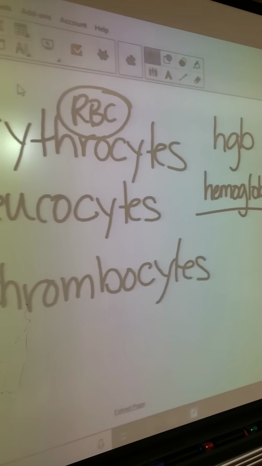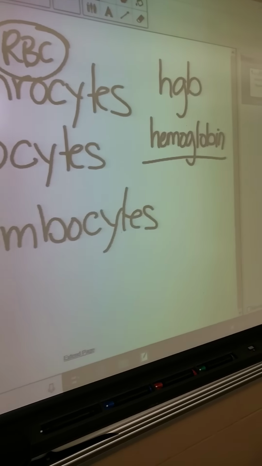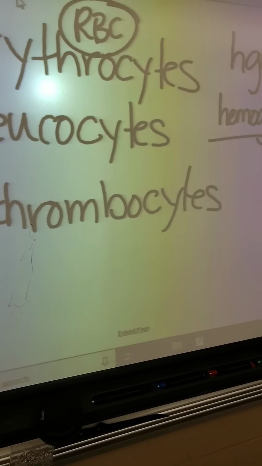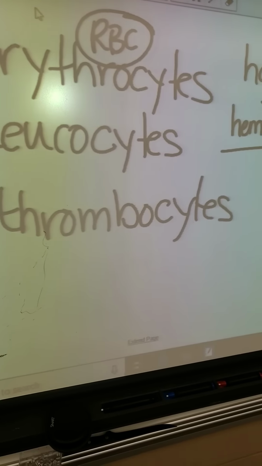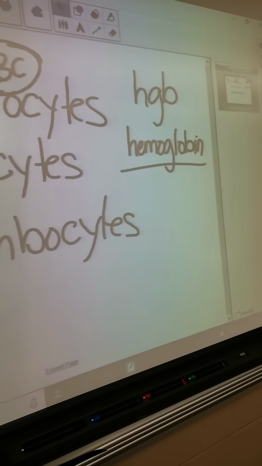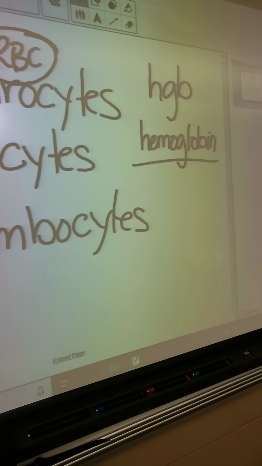This is what gives red blood cells their red color. This is also how red blood cells carry large amounts of oxygen throughout the blood. The oxygen is actually carried on the hemoglobin.